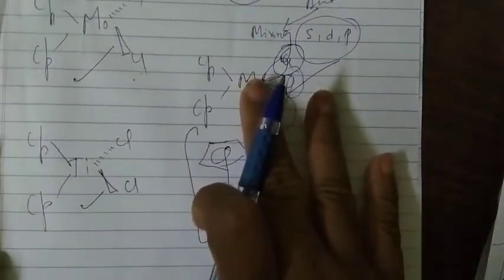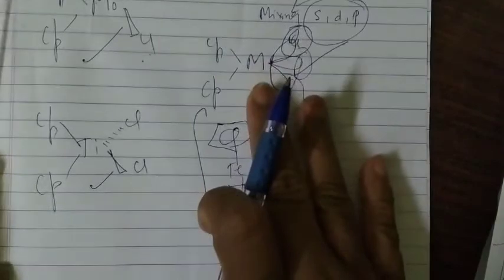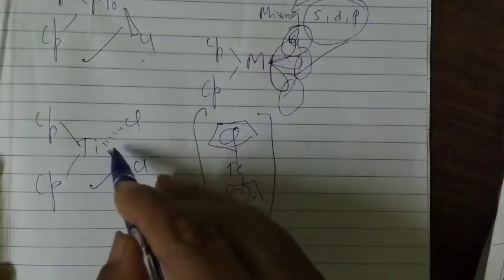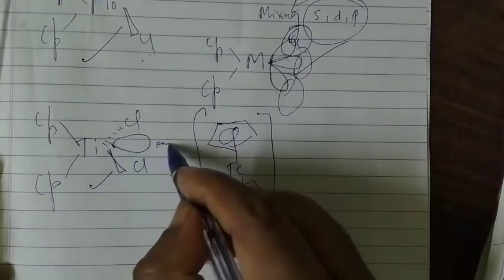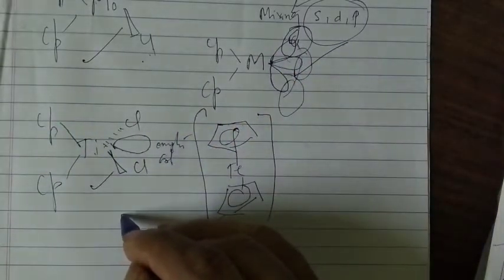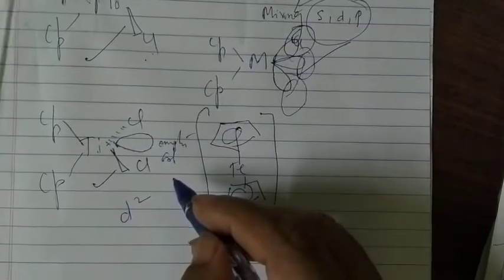This is the condition for why the bent form is observed in some cases. It can be explained because in titanium the metal has empty orbitals. We can explain this from the molecular orbital diagram, because titanium is a d2 system.